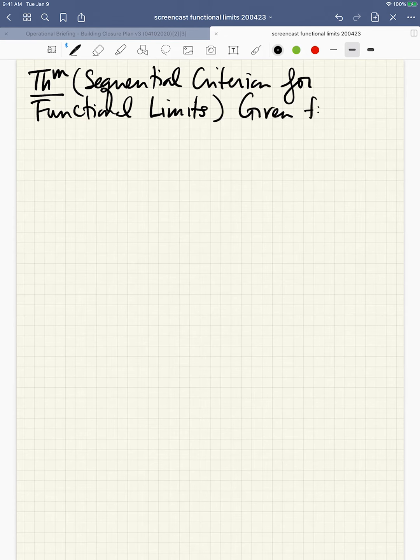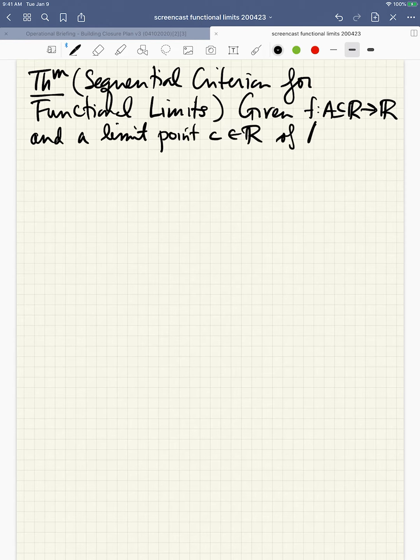So it says, given a function f from a set of real numbers A into the reals, and a limit point c of the set A, the following are equivalent.